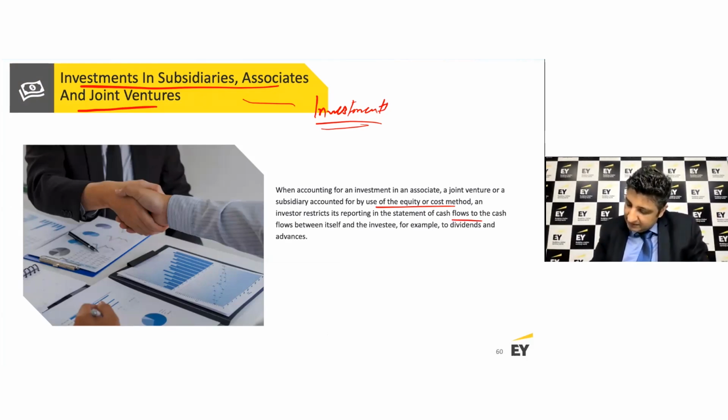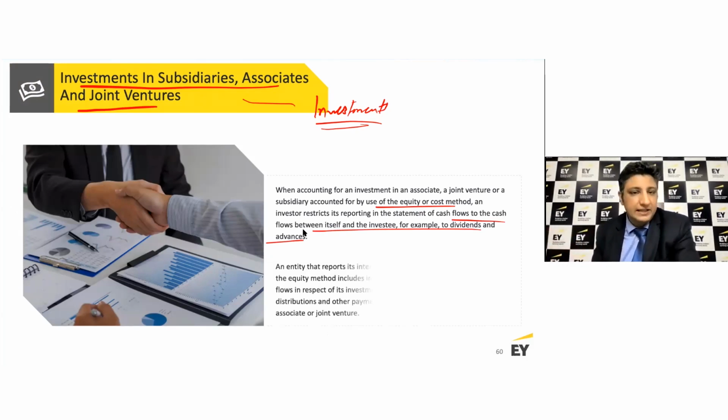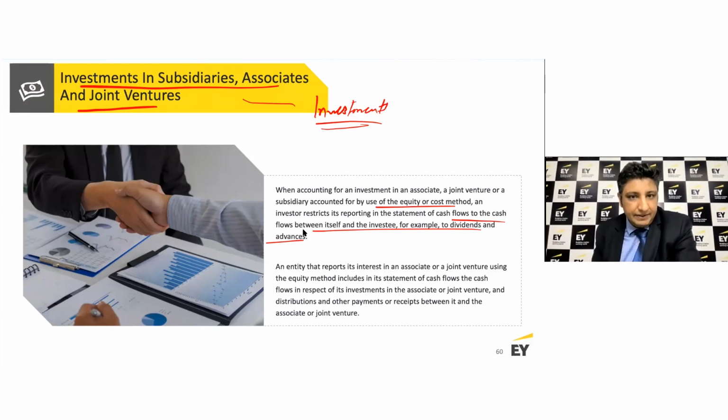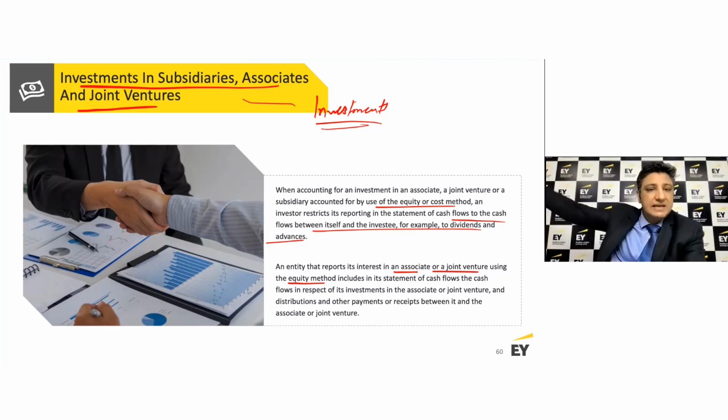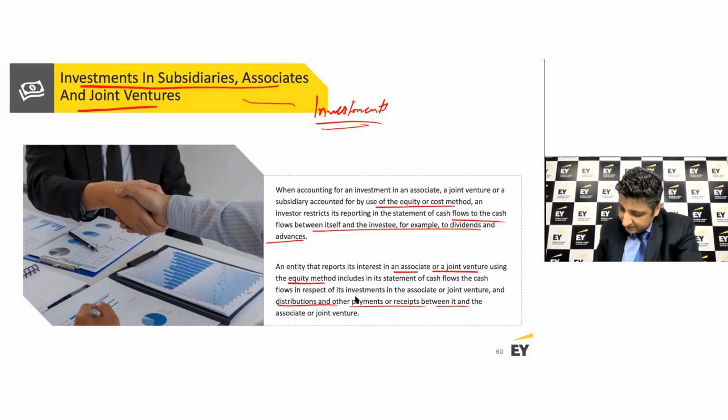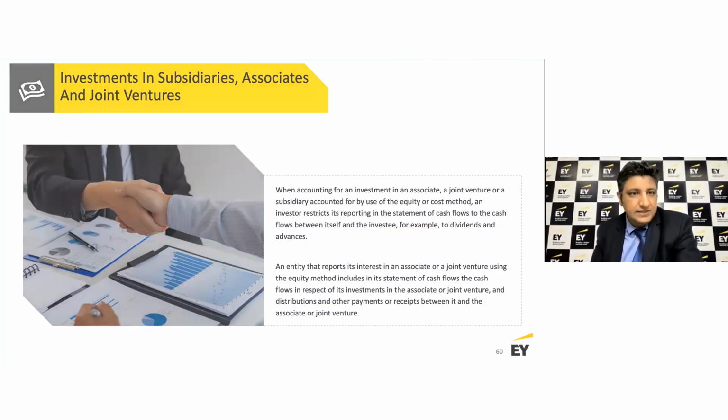Then any movement of cash would again be a return on the investment, and accordingly that presentation has to be done. I don't want to spend time here talking about the meaning of a joint venture or what is an equity method or an associate. When we deal with that, we would be able to better appreciate that part. But essentially, any recoveries would be accounted for under the cash flows from operating activities per se. That's what you want to remember broadly in this context.